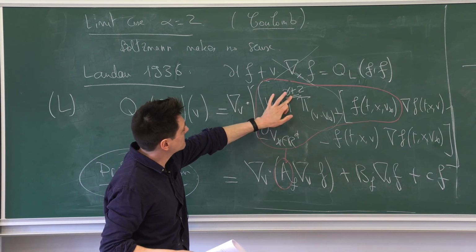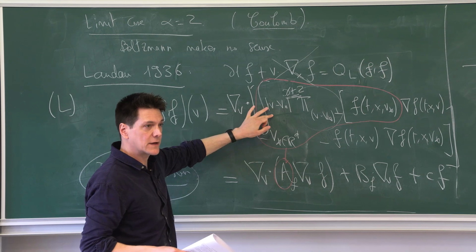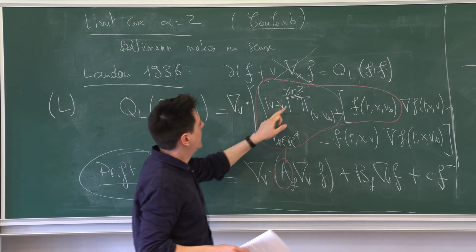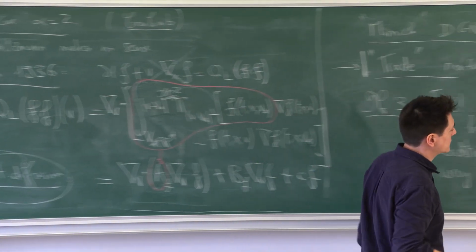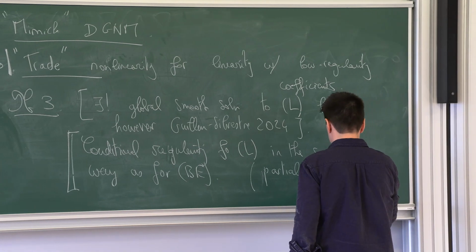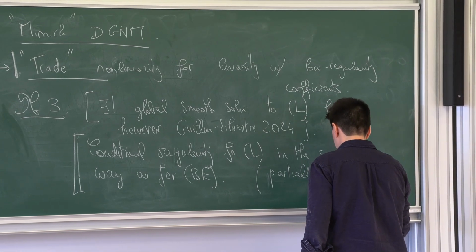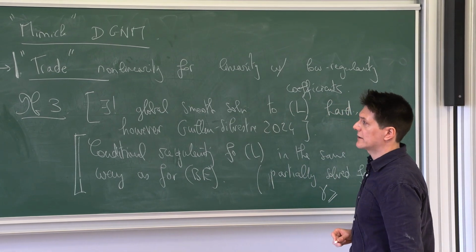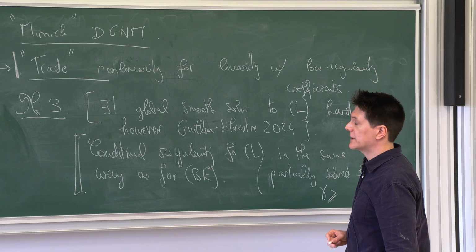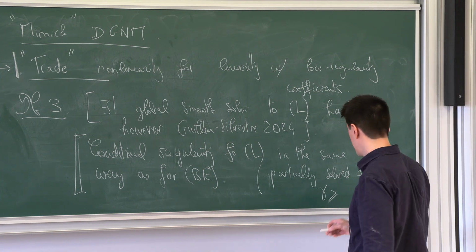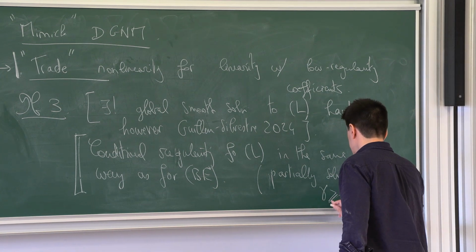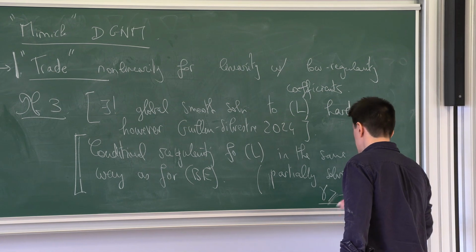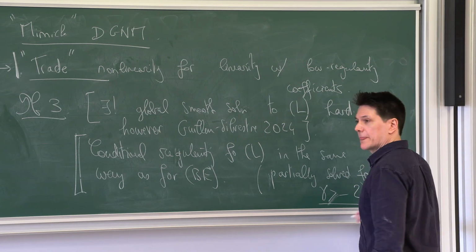So you see when gamma is -3, I recover the exact Landau operator. And now it is known how to do this for gamma greater than -2, I think, strict.